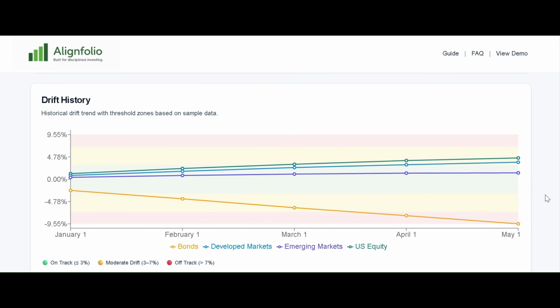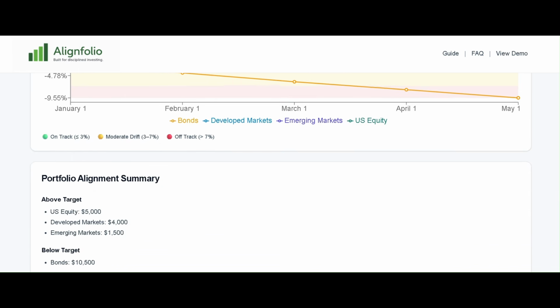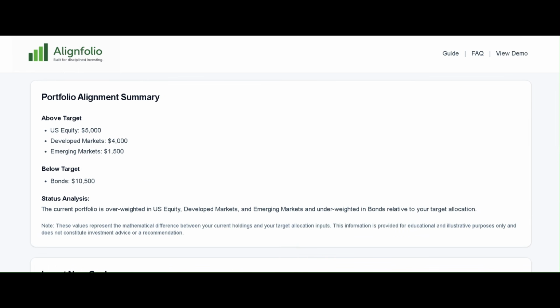This is how passive portfolios naturally evolve over time, even without trading. In this section, you can also see a simple summary showing how much the portfolio is currently overweight and underweight. This helps visualize what adjustments may be needed in order to bring the portfolio back toward its target allocation.